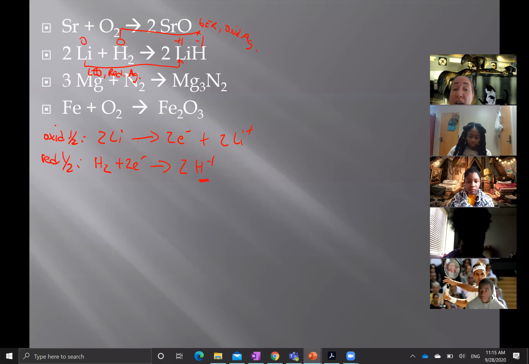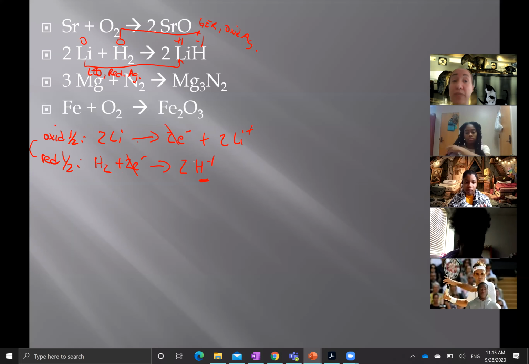Remember, these are the forms that they are in, the oxidation states. And the hydrogen, as weird as it looks, does take the reduction part of that reaction because it's connected to a metal. So if you add these two up, you're obviously going to cancel the electrons, and you're going to get back to the original equation.